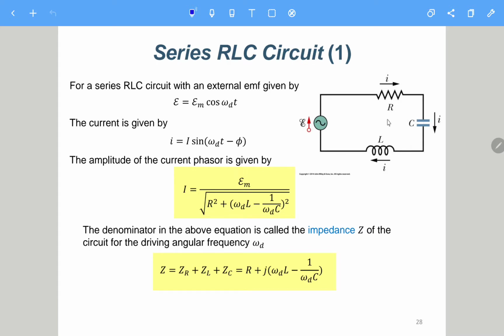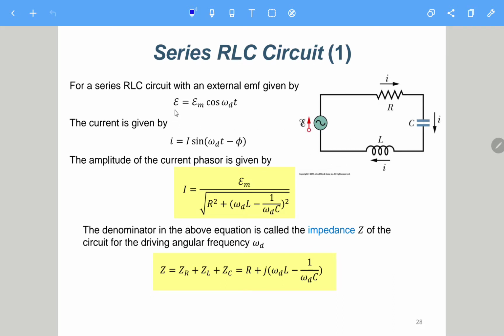You need to distinguish this one from the damped oscillation. For the damped oscillation, it only has some initial energy stored in the RLC, and then it will decay. But for this one, we have an AC source here, so it will keep oscillating.